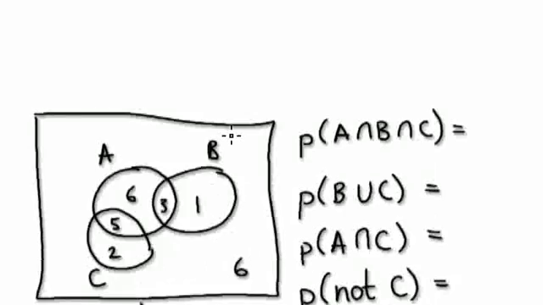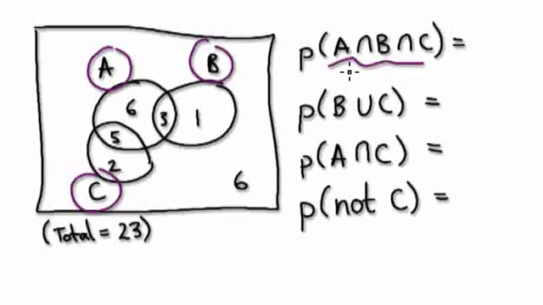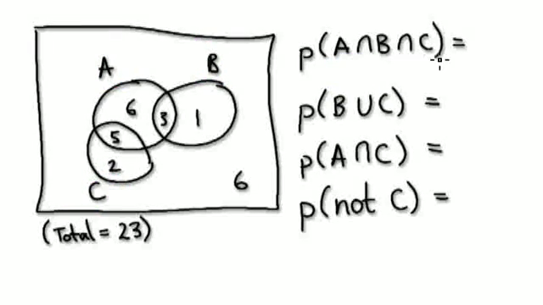Well, anyway, next one here. So here 3 events now, A, B, and C. I want to know the probability of A and B and C. So you've got to find somewhere in that diagram where it's in A, it's in B, and it's in C. Next, the probability of B or C. Then A and C. And what is the probability of not C?